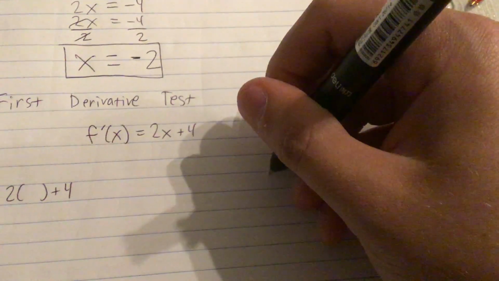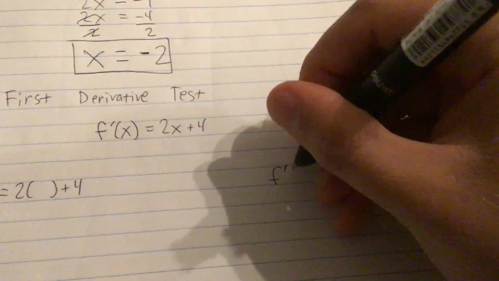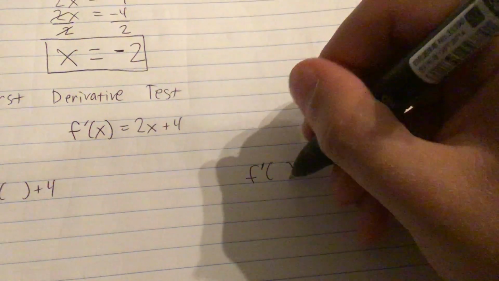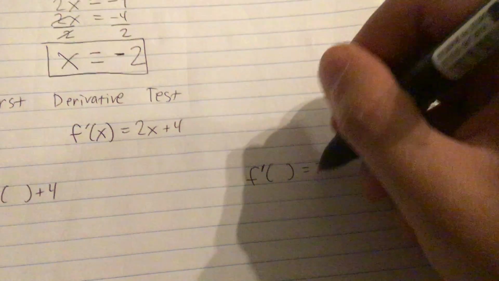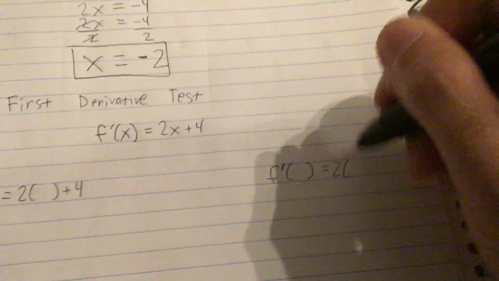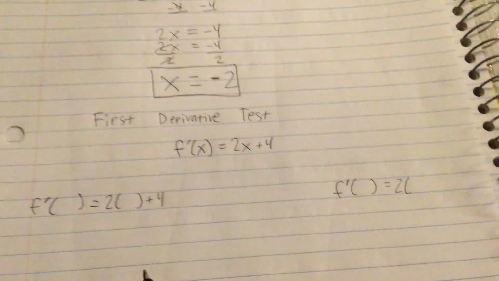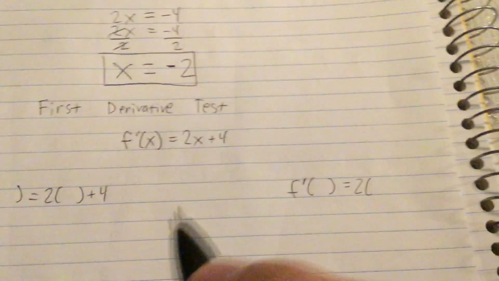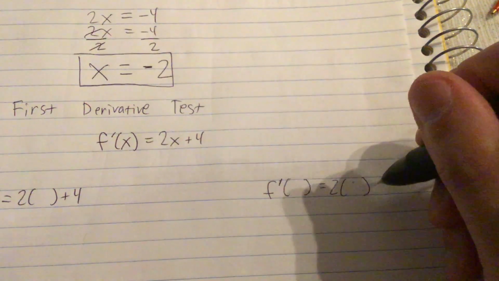And then you would go one space to the right. f prime of one space to the right would be negative 1. And again, it doesn't have to be those values. It could be way to the left. It could be x equals negative 10 and x equals positive 5, something like that. But I like to go 1 to the left, 1 to the right. So 2 blank plus 4.